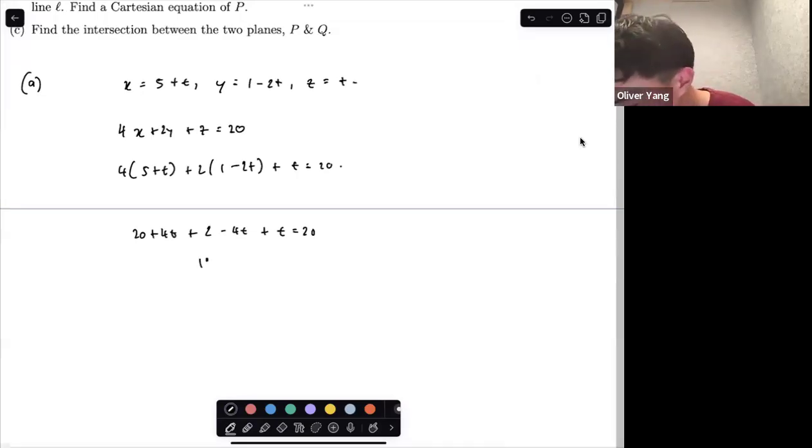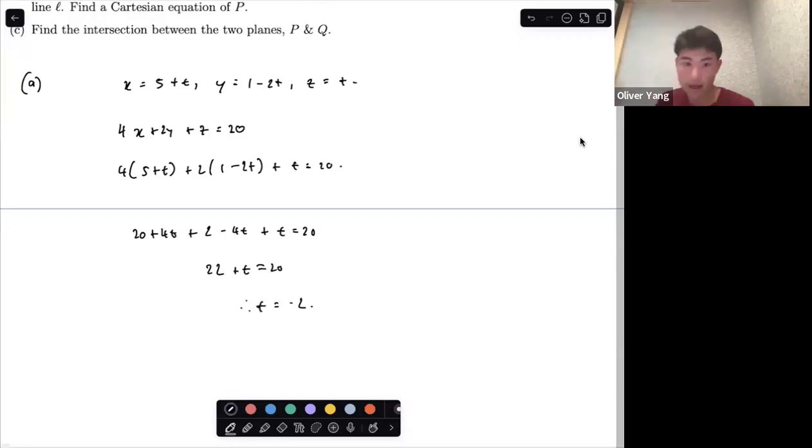So we get 18, 20 plus 2. Have I missed something? So we should get 22, right? Plus t equals 20. Therefore t equals -2.